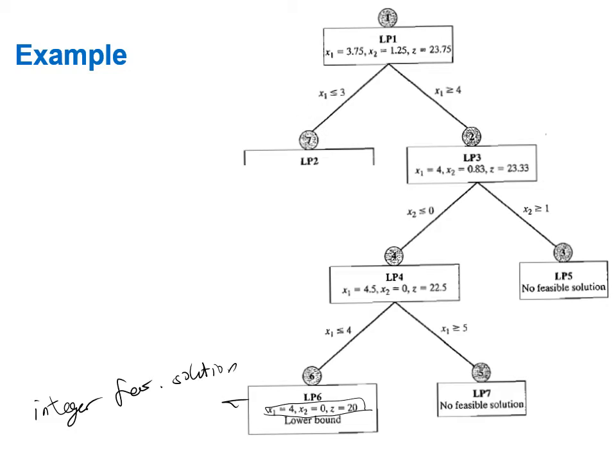It means that the optimal objective function value of my IP should be greater than or equal to this feasible solution, which is 20. Of course, we don't know if it will be 20, 21, 22, but we only know that it will be larger than or equal to 20.